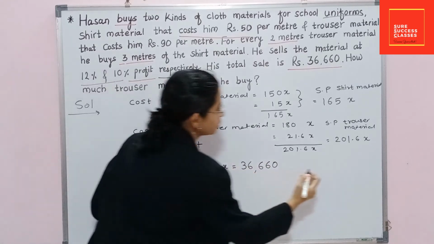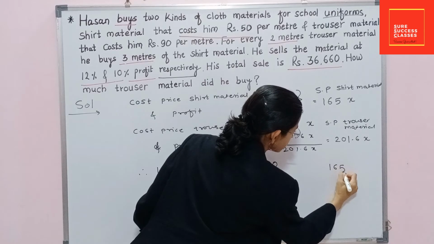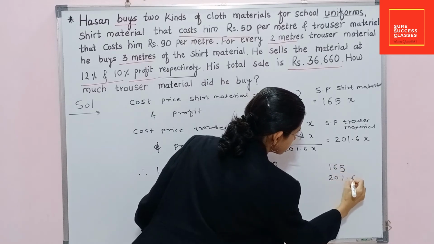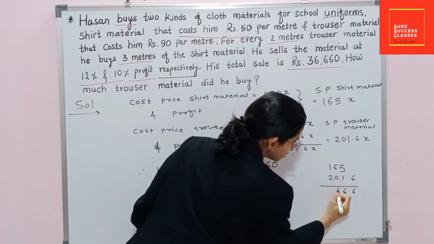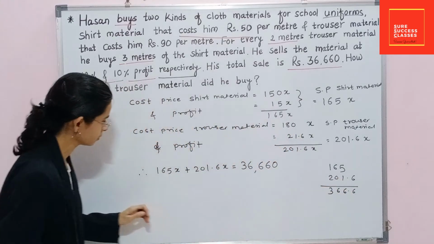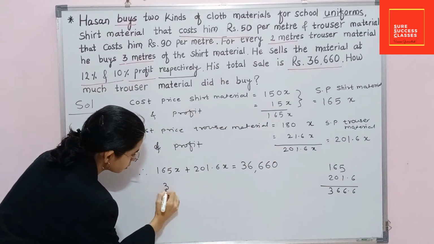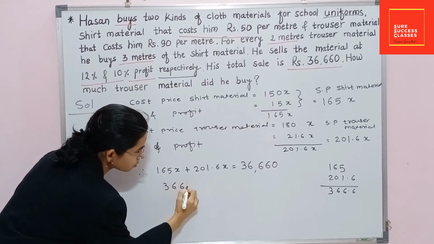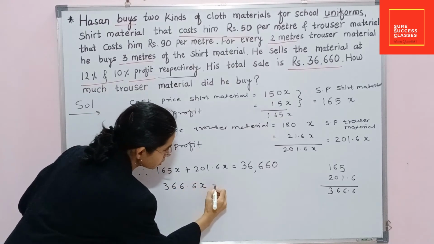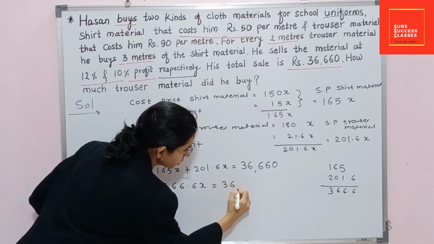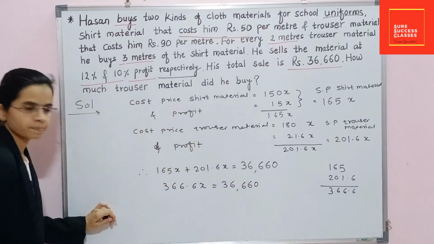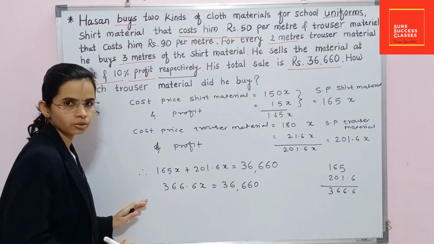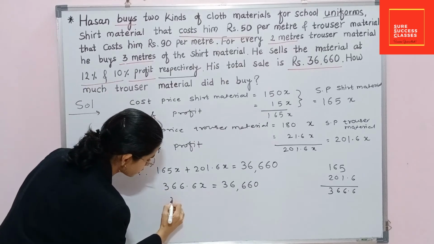We will add these figures. 0.6, 6, 6 and 3 means 366.6x is equal to 36,660. Then we can easily calculate the value of x in this way.